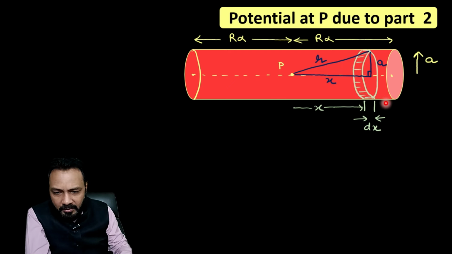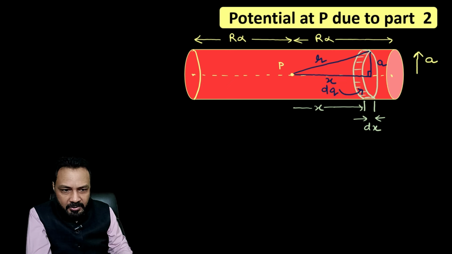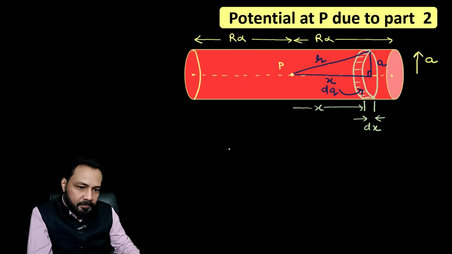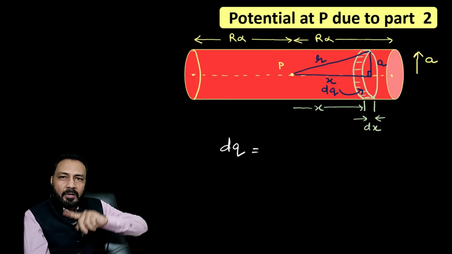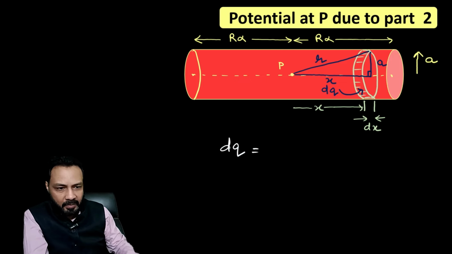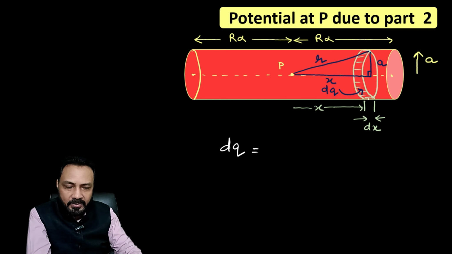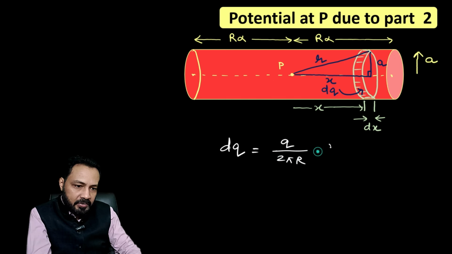So if I talk about the charge of this ring, suppose the charge of this ring is dq. So this dq will be, the total length of the ring is 2 pi r and the length of this element is dx, so this would be q divided by 2 pi r into dx.